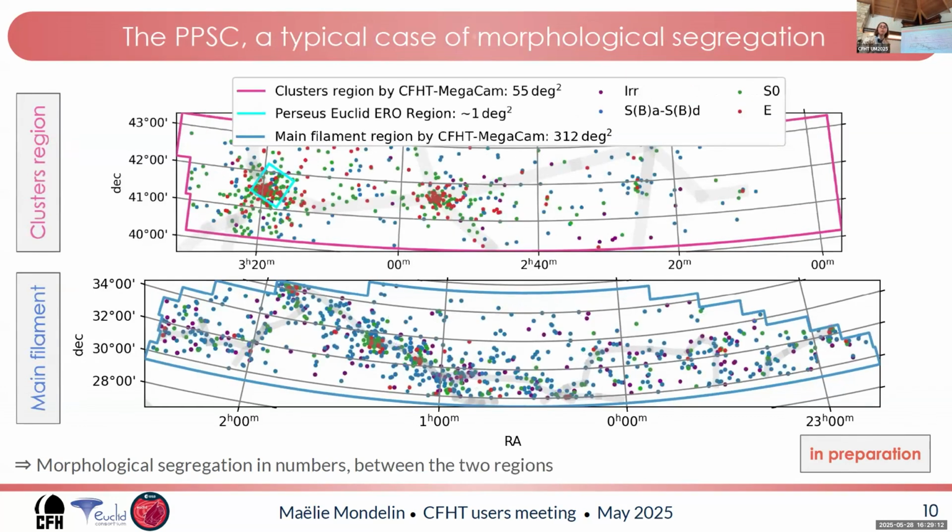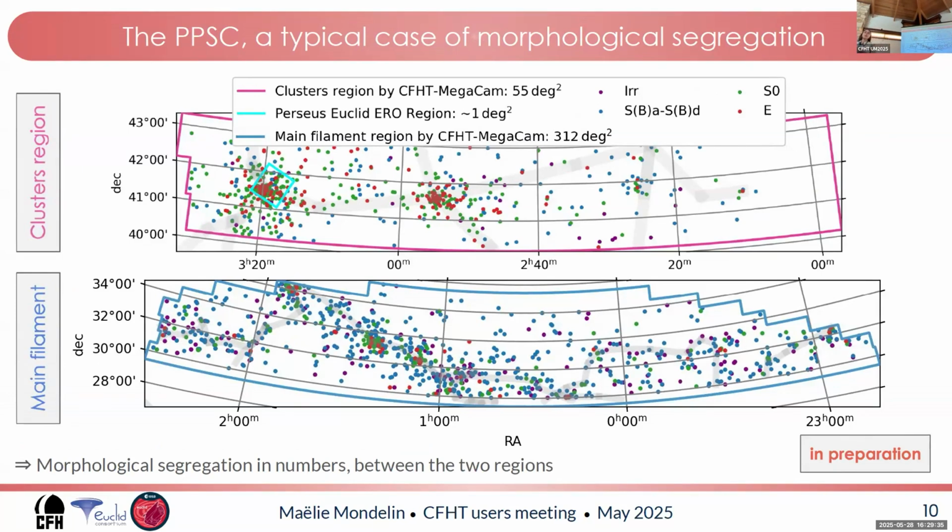I have also measured the morphological segregation in the two regions. So what we see is that we have mainly evolved galaxies, so ellipticals and lenticulars, in the cluster region, and close to some groups in the main filament region.